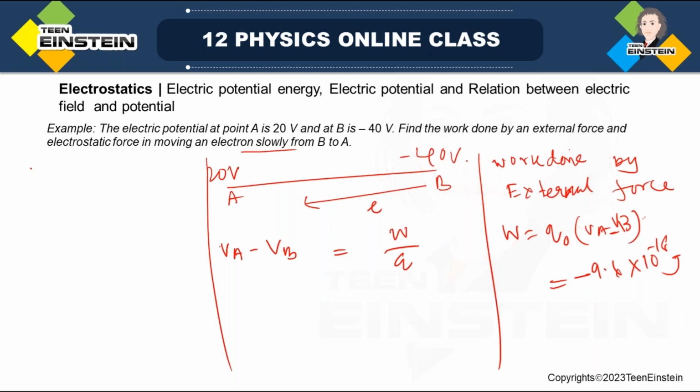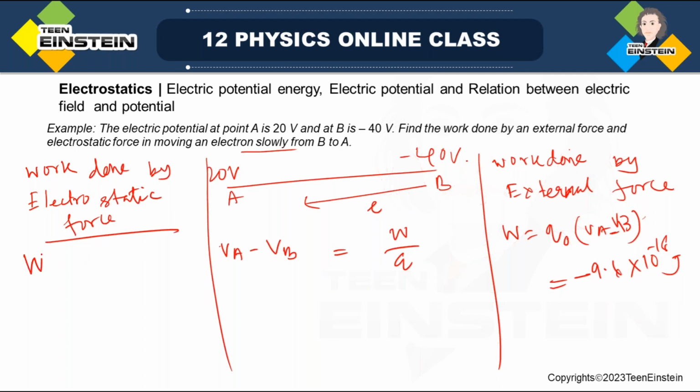This is in joules. The work done by the electrostatic force, WB to A, is equal to minus of the external work.